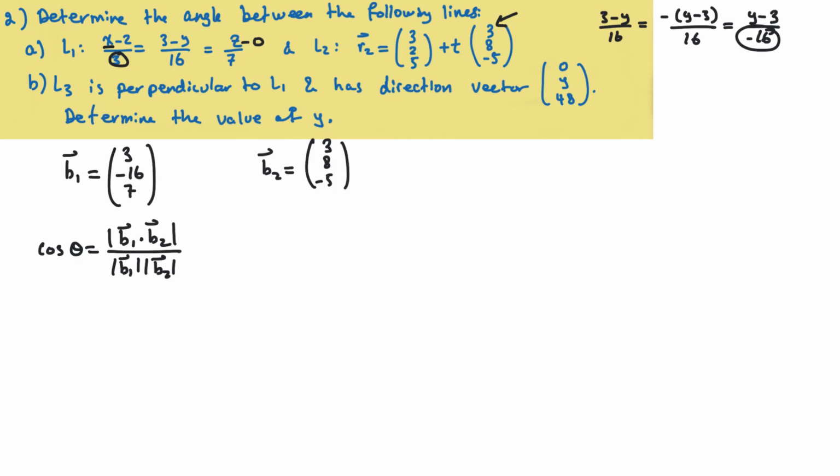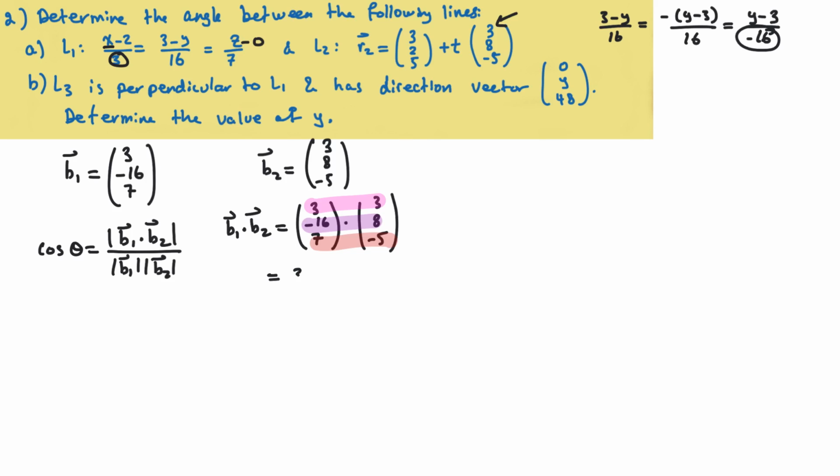So let's find the dot product first. The dot product of b1 and b2 equals b1, which is 3, -16, and 7, dotted with 3, 8, and -5. We take the x components and multiply them, the y components, and the z components, and then sum them all up.